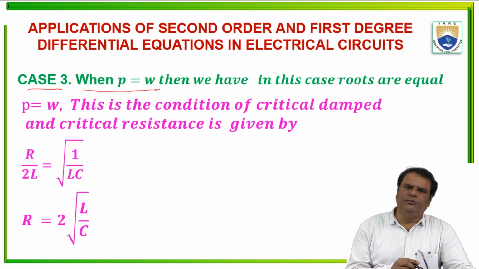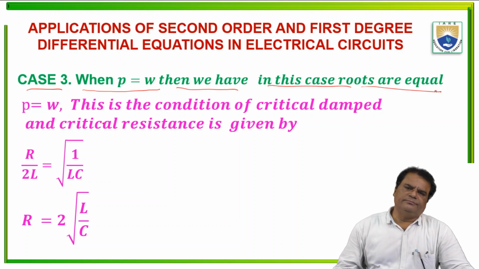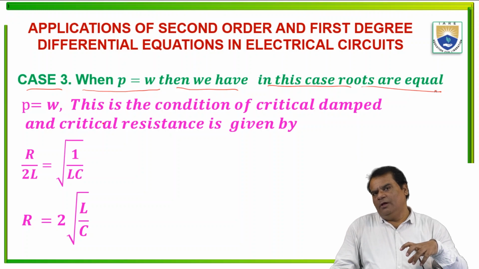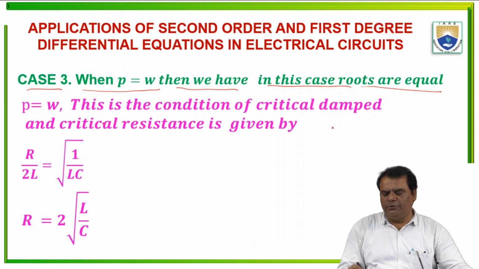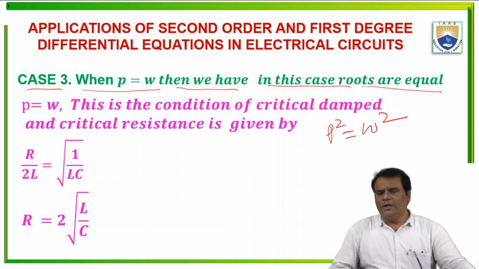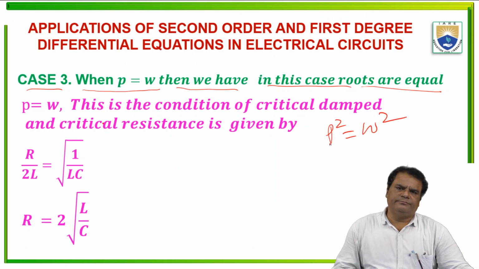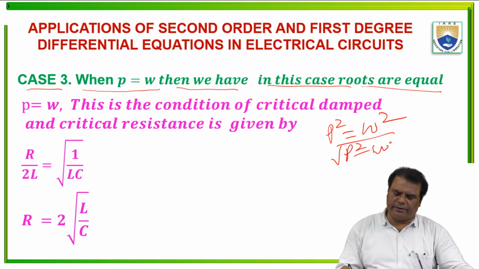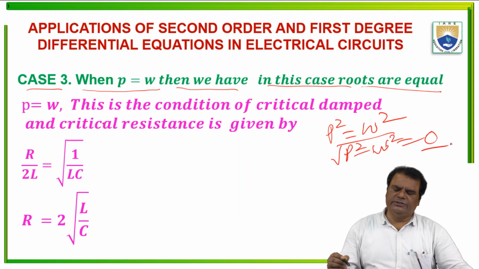And case 3, when P equals W, in this case roots are equal. P equal to W means P square equals W square, so the square root of P square minus W square is 0.